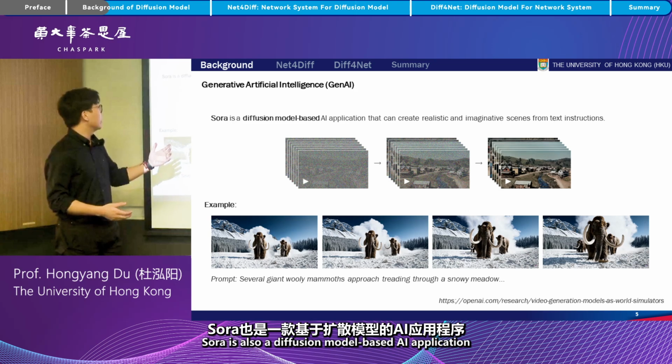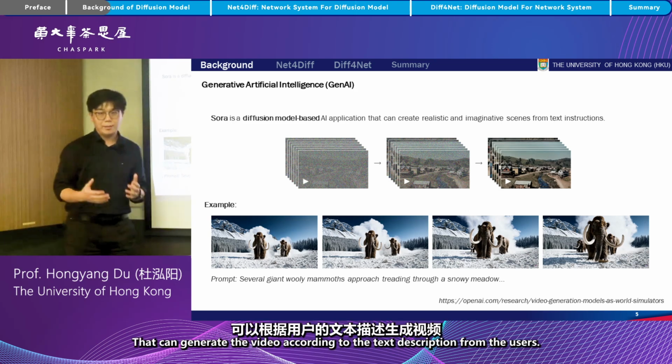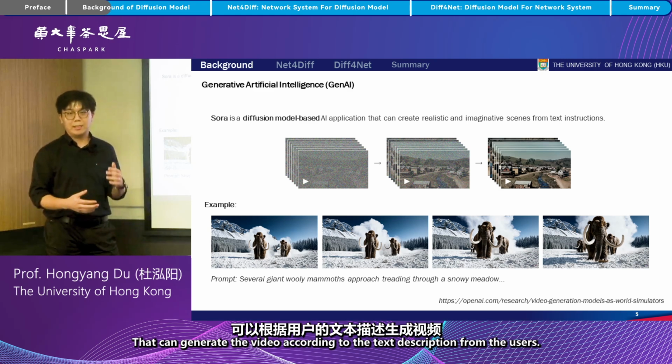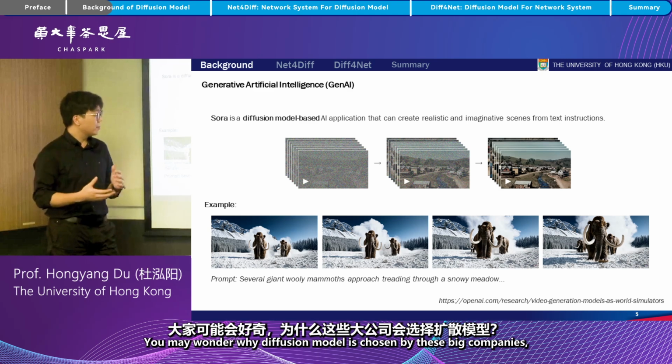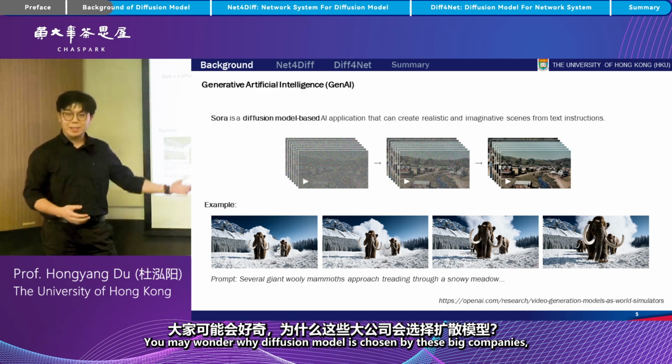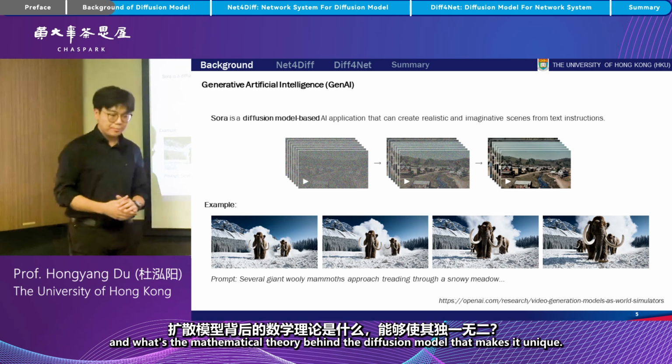Sora is also a diffusion model-based AI application that can generate the video according to the text description from the users. You may wonder why diffusion model is chosen by these big companies, and what's the mathematical theory behind the diffusion model that makes it unique.